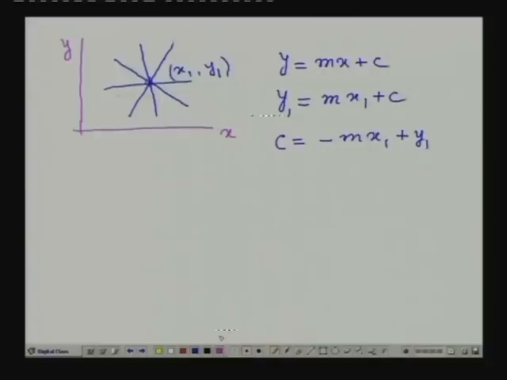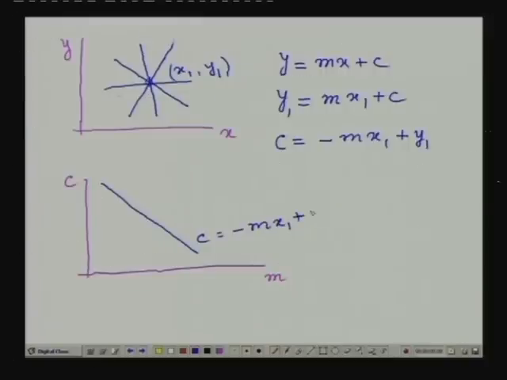So, if I map this point x 1 y 1 into our parameter space, in the M C plane I have c equal to minus m x 1 plus y 1. This is now the equation of a straight line. So, effectively I get a straight line in the M C plane following the equation c is equal to minus m x 1 plus y 1.